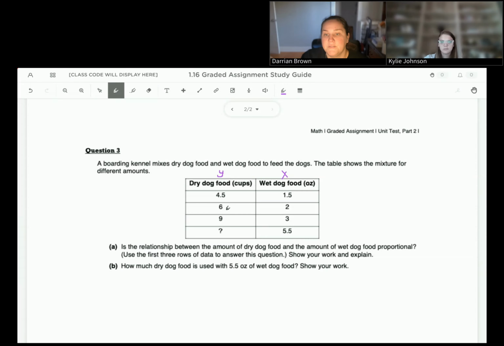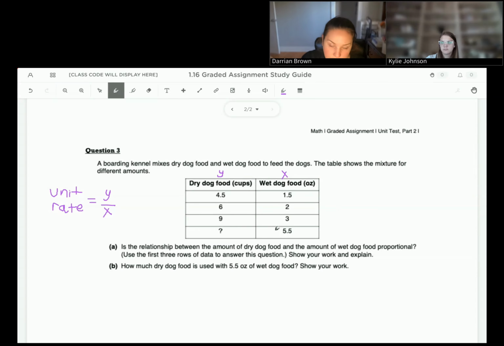So to figure out if this is proportional or not, we need to do the unit rate for each one of these rows. So remember unit rate and write that over off to the side. Unit rate is what we have to use to see if it is proportional. Unit rate is Y over X, or Y divided by X. So we're going to start solving these and see if they all equal the same thing.